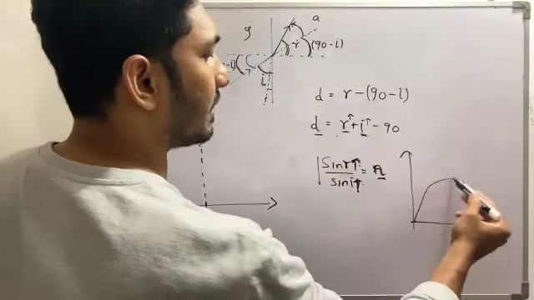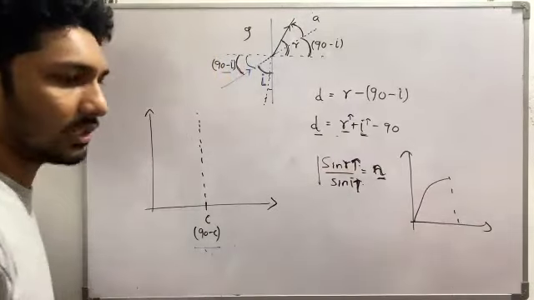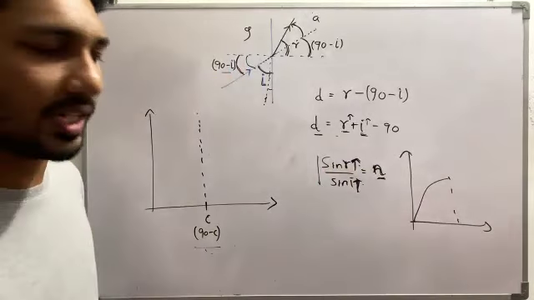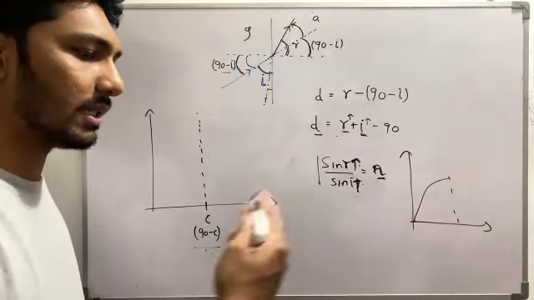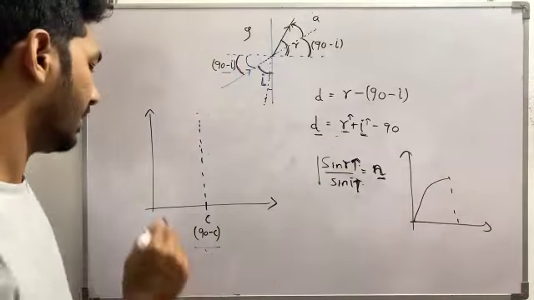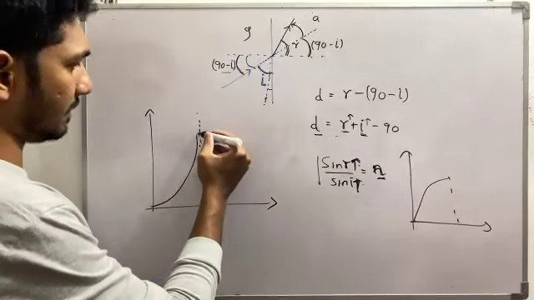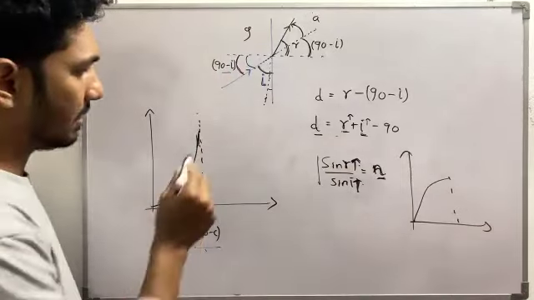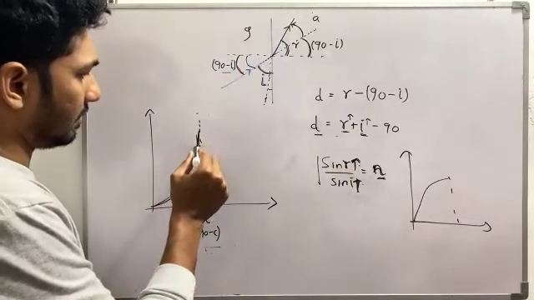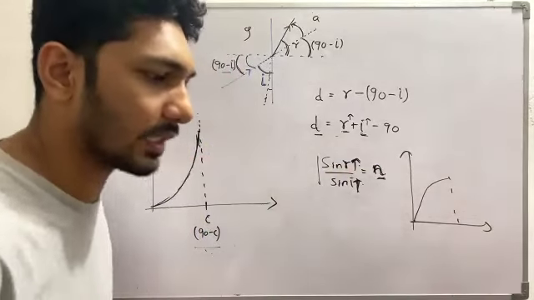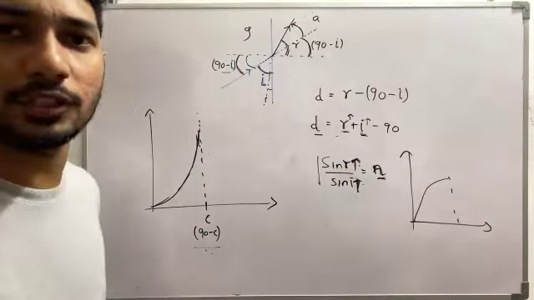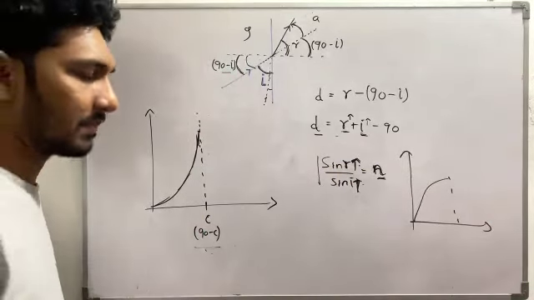Sine graph is a curve. So they should vary like a curve, not a straight line. So straight line graphs, the first one, the fourth one will not come. But this kind of graph will come. So second one is a possibility, third one is a possibility, fifth one is a possibility.